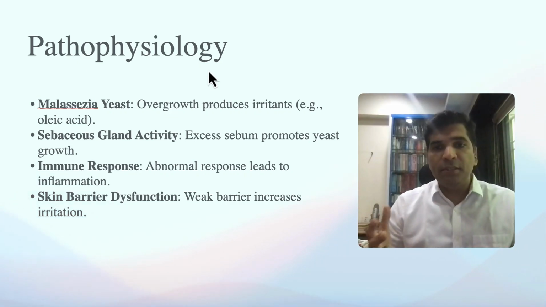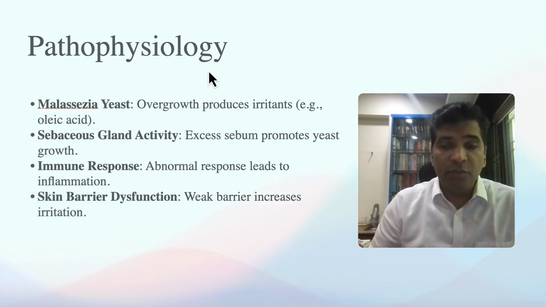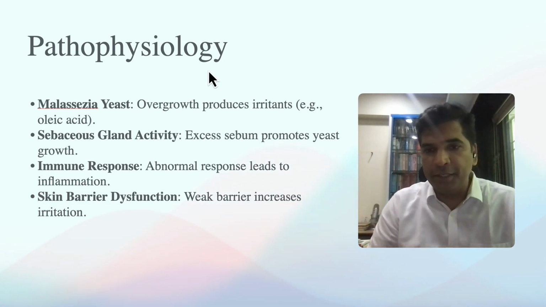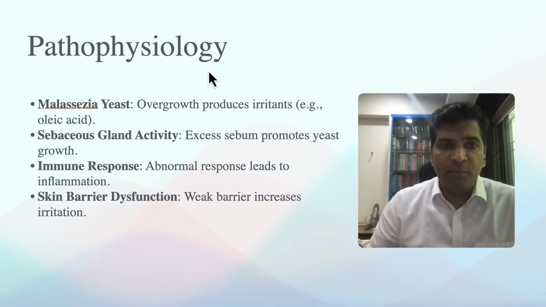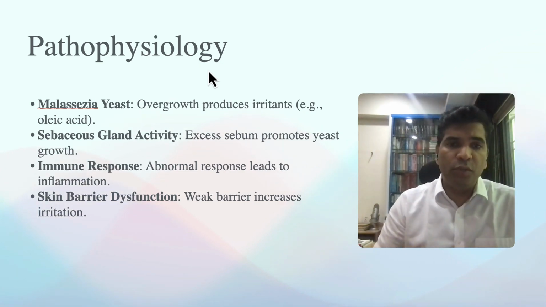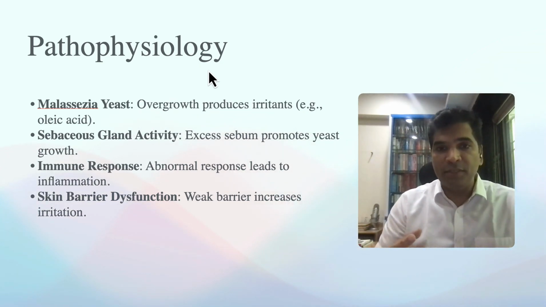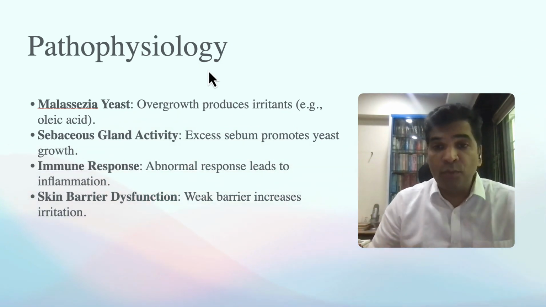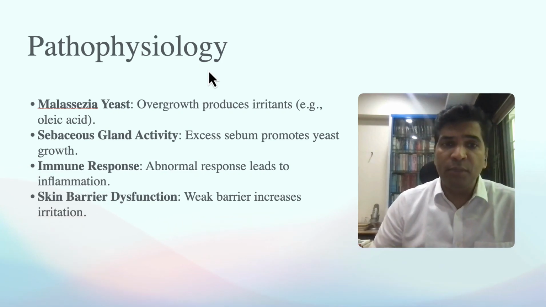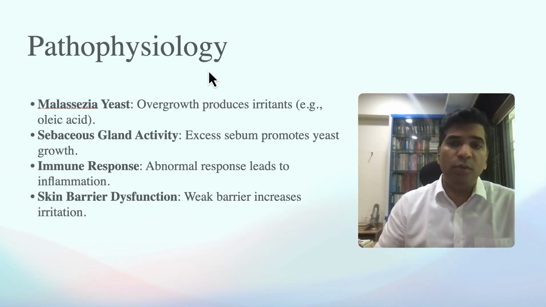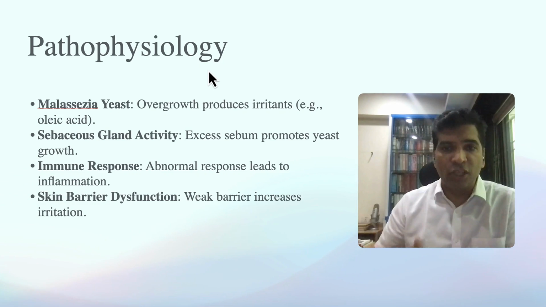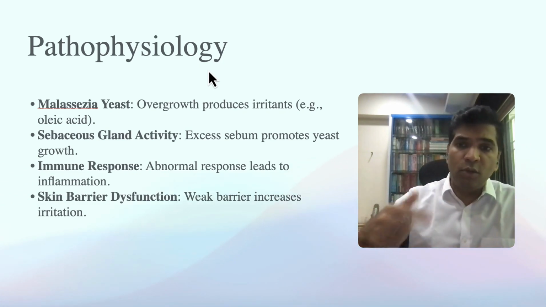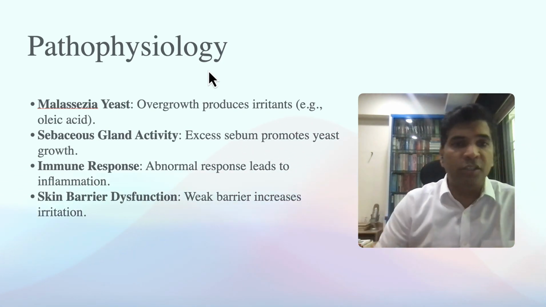So what happens and why does it happen? First we'll be seeing the physical causes behind it. There is something called yeast, the Malassezia yeast, whose overgrowth leads to your seborrheic dermatitis. Why does it happen? It happens because of the overuse of some irritants like shampoo, which causes overgrowth of yeast.